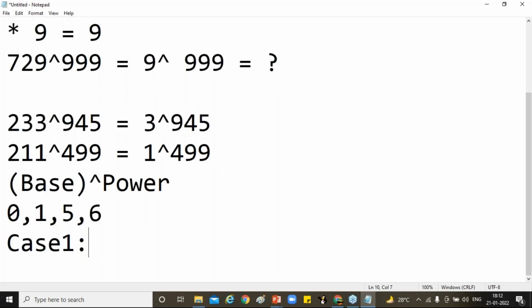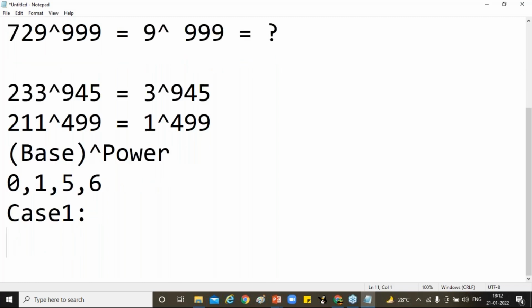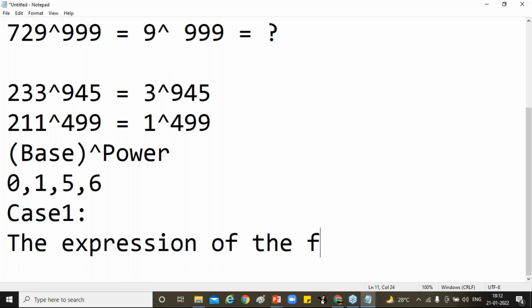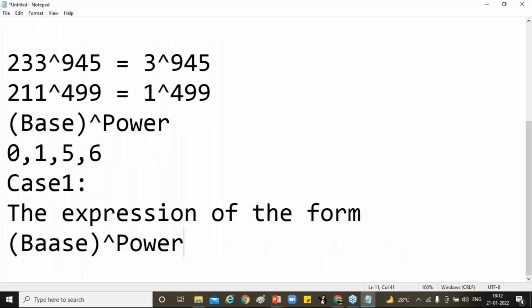Case 1. The expression of the form base to the power.